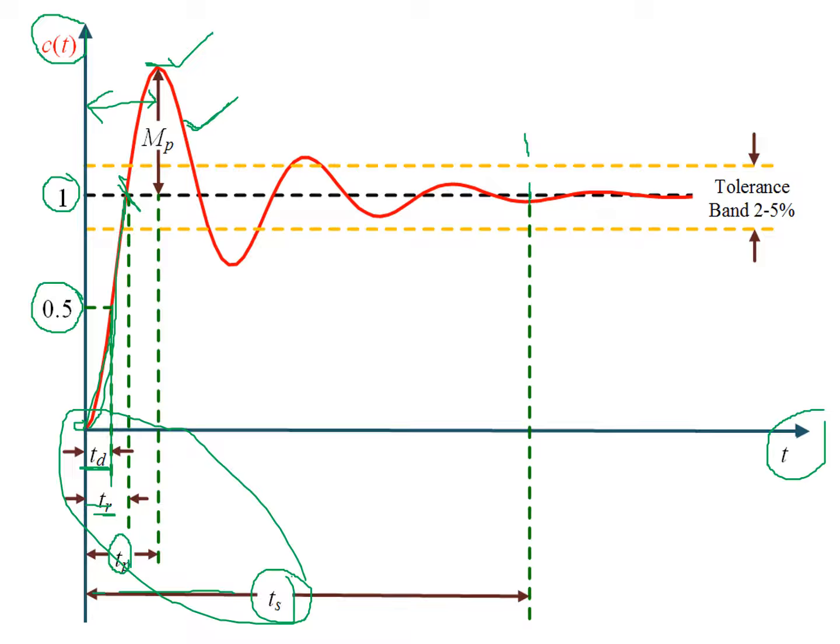Coming to maximum peak overshoot, it is the normalized difference between the first peak and the steady value. This is the steady value and this is the first peak. This difference is called the maximum peak overshoot, and this represents the tolerance. Here the tolerance value is from 2% to 5%. This is about the time domain specifications.